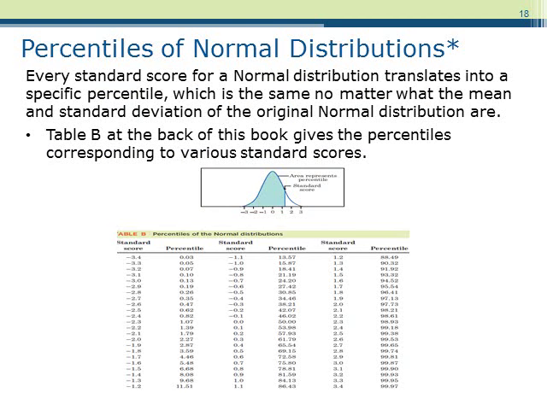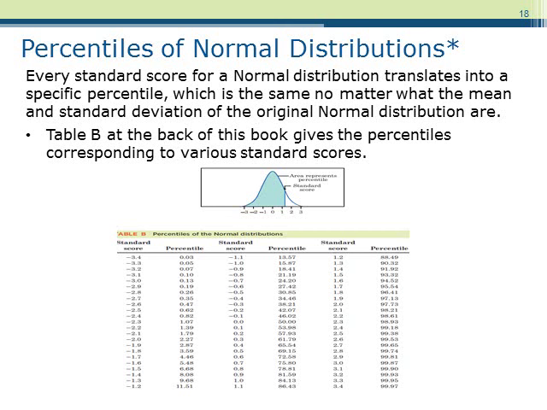Every standard score for a normal distribution translates into a specific percentile, which is the same no matter what the mean and standard deviation of the original normal distribution are. Table B at the back of this book gives the percentiles corresponding to various standard scores. So for example, what is the percentile corresponding to the standard score of 1.0?